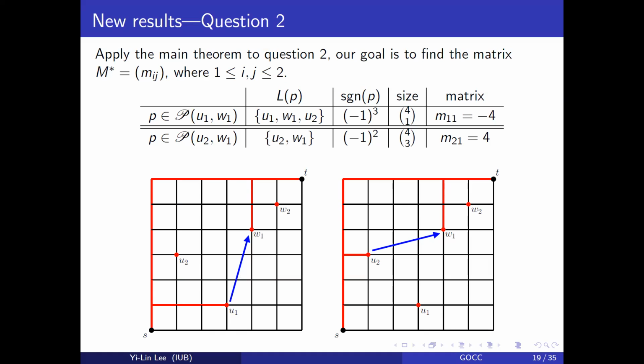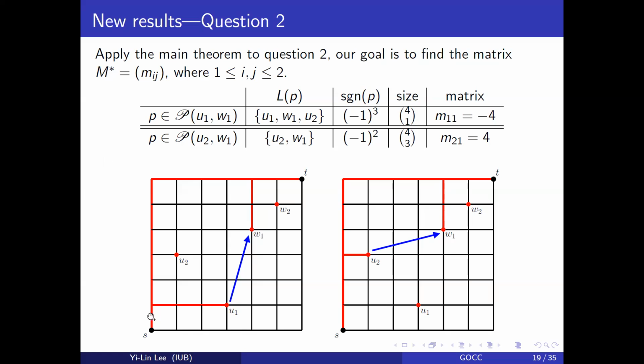So we can apply our new results here, and we want to compute the entries of the matrix M star. Let's start with the 1,1 entry. That is the path going from U1 to W1. Here you can just look at the left picture, U1 to W1.